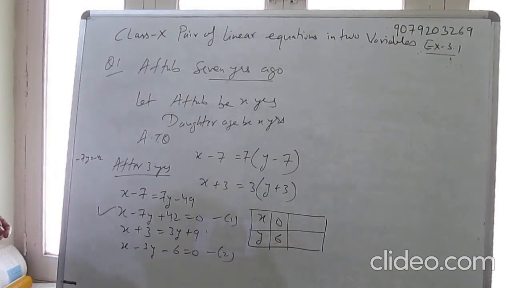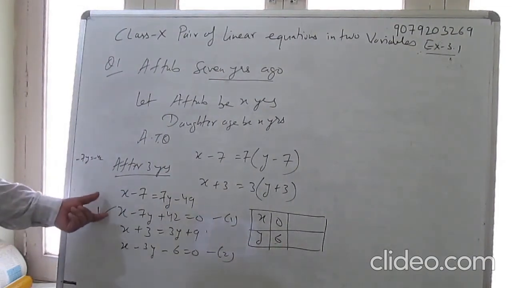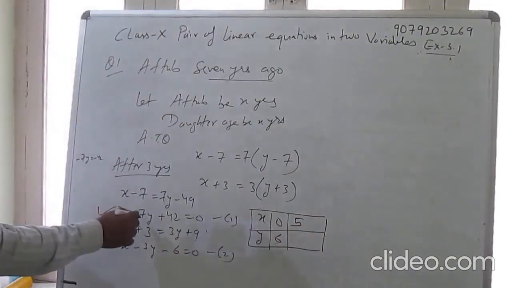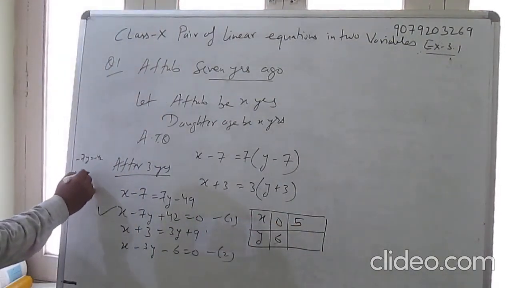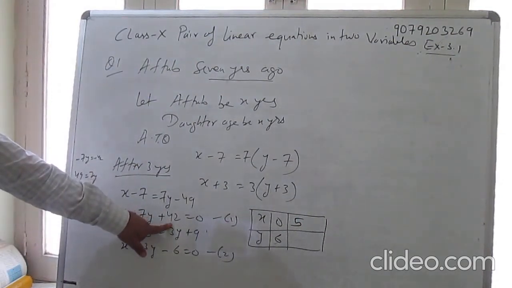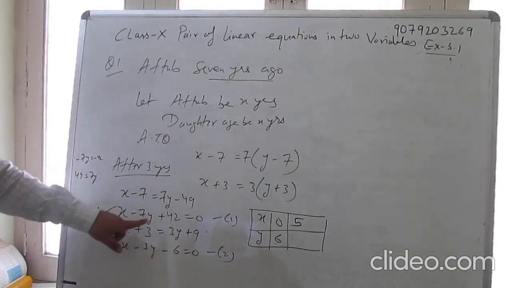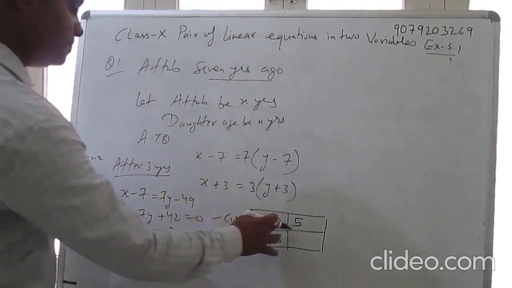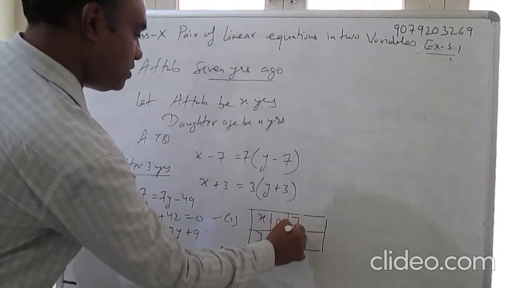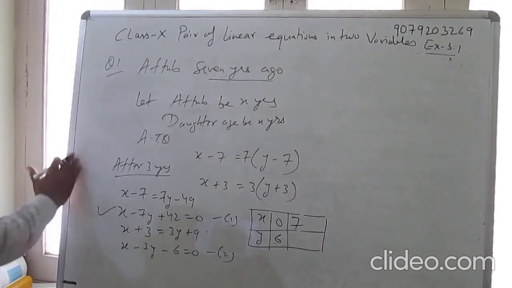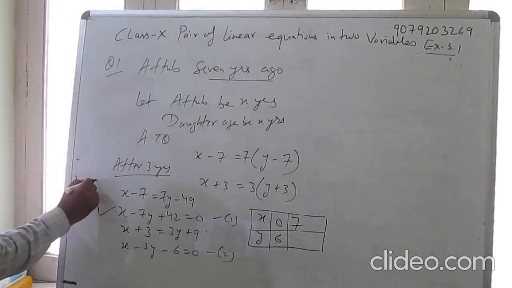Now take any other point. If I take x is equal to 5, then 49 is equal to 7y. 5 plus 42 becomes 47. So I will take x is equal to 7. 7 plus 42 is 49, equal to 7y.